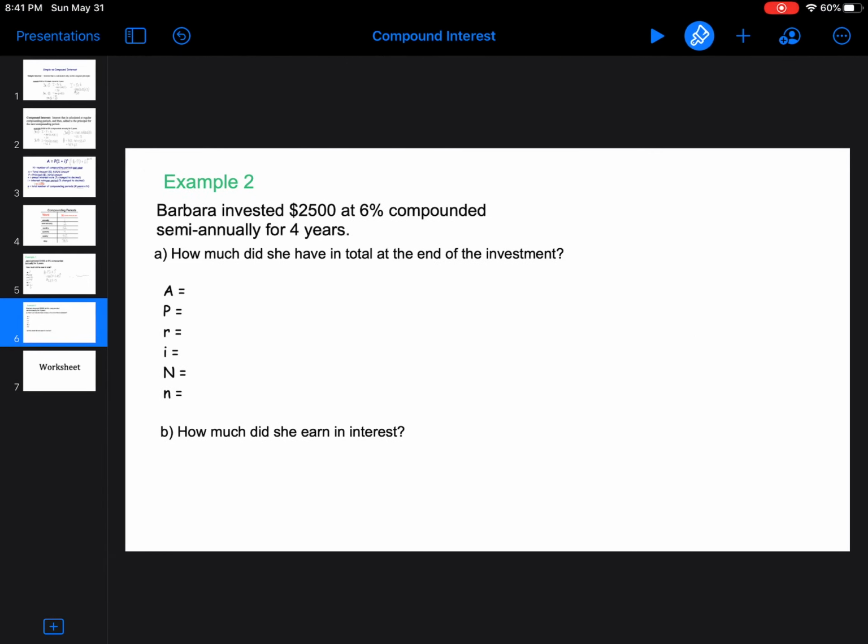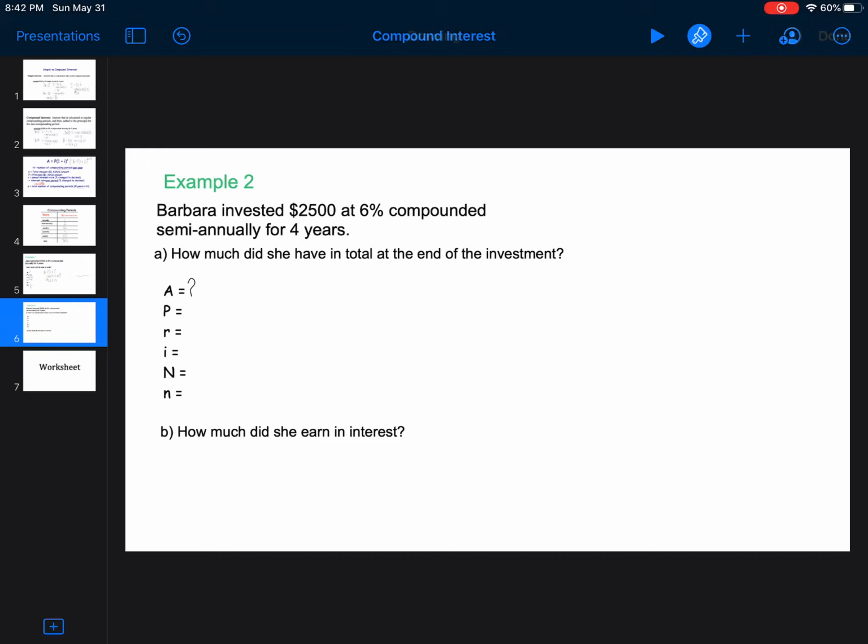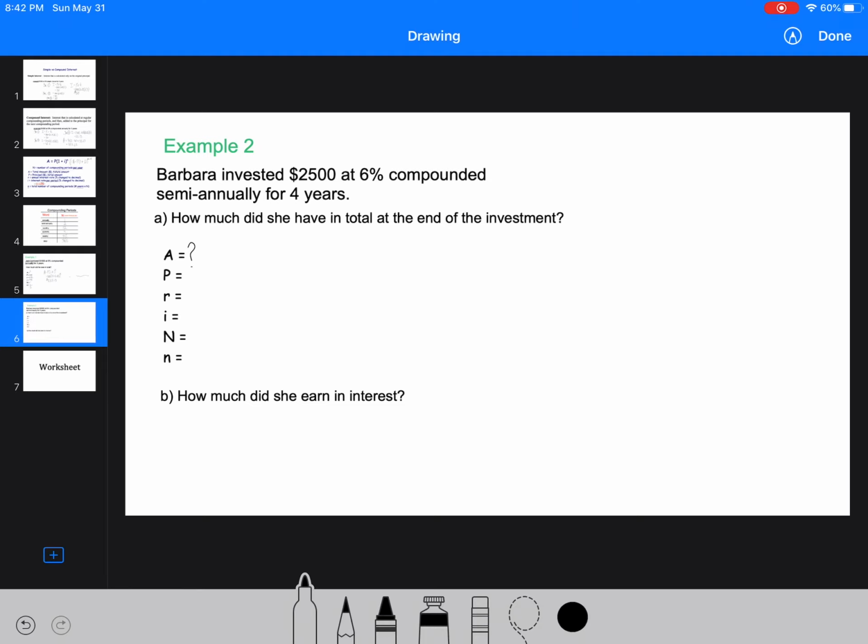Let's look at a little bit harder question, because that's kind of an easy one. This one says, how much did she owe at the end of her investment, but also how much interest did she earn? Sorry, how much did she make? So we've got a final amount that is a question mark, we don't know. We know we're investing $2,500. We have 6%, which is 0.06.